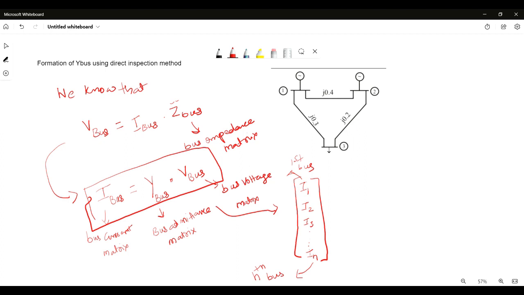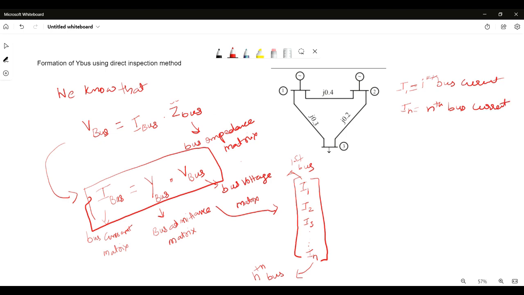Now we wrote the bus current matrix I bus. I1 is the first bus current value, I2 is the second bus current value, I3 is the third bus current value, and so on up to the nth bus current value.